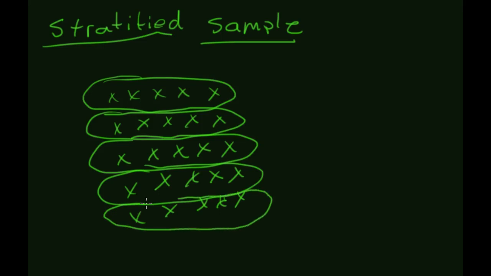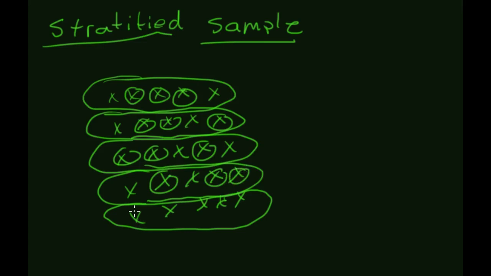And then of those subgroups, I sample a certain portion of each subgroup. So I might say, let's grab 3 from each subgroup at random. Now that will get me a fairly representative sample. I may have issues with how I create the subgroups, things like that, but this gets me a fairly representative sample.